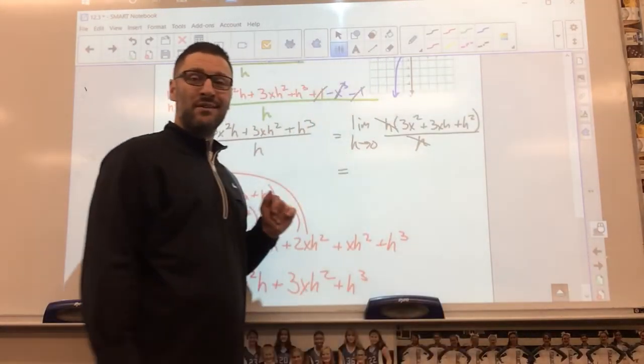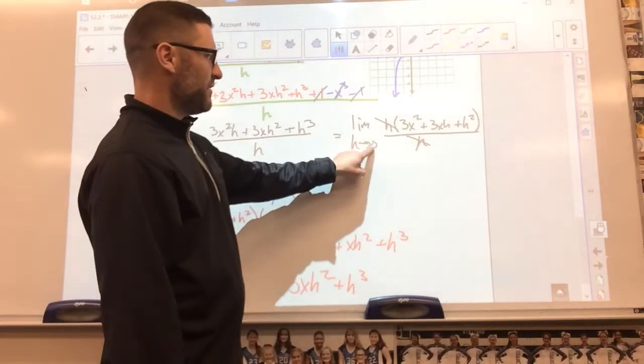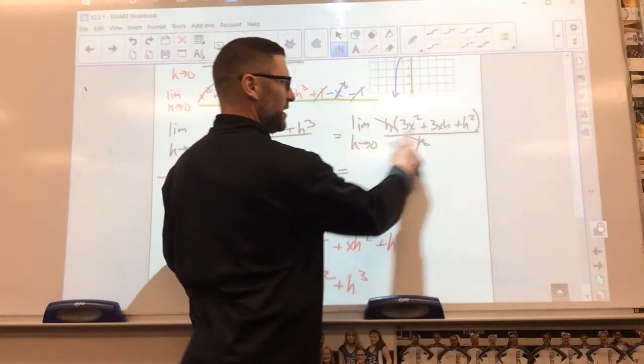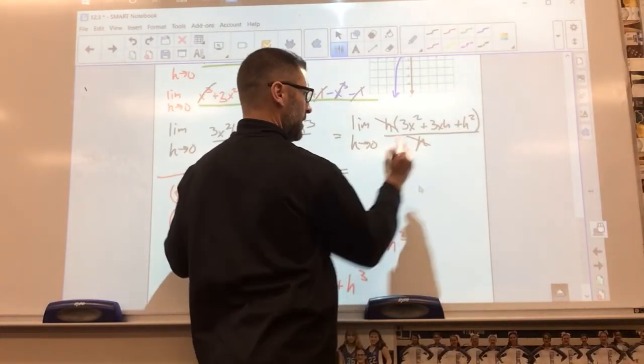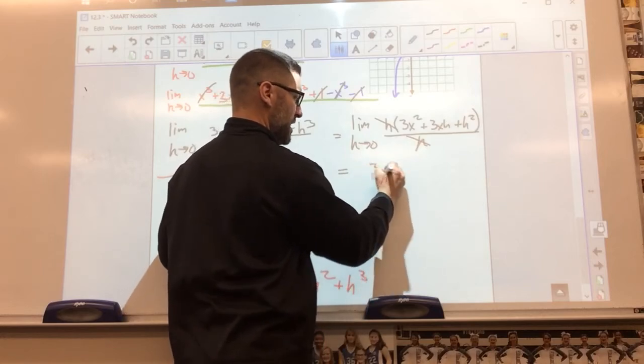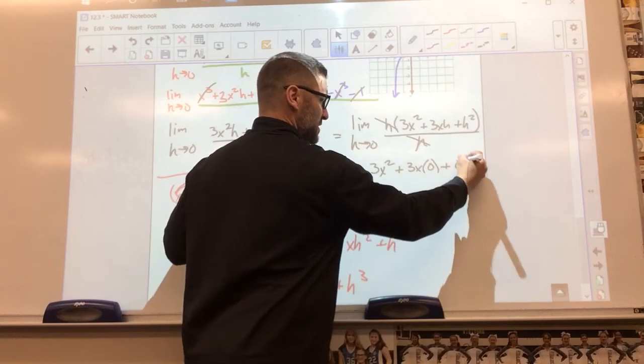That was all the algebra to be able to find the limit as h goes to 0. So now as I shrink the h value to 0, I'm going to plug 0 in here and here, and I get 3x squared plus 3x times 0 plus 0 squared.